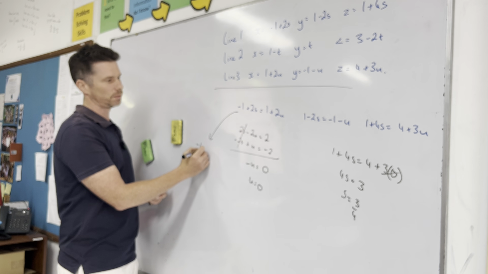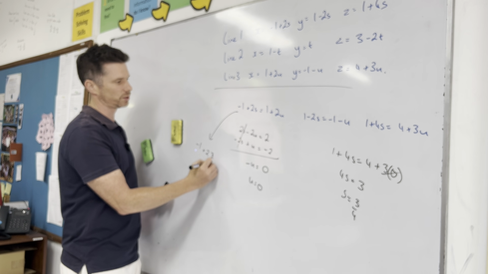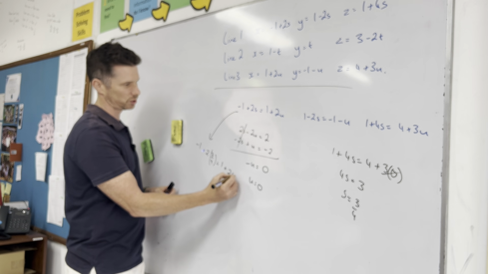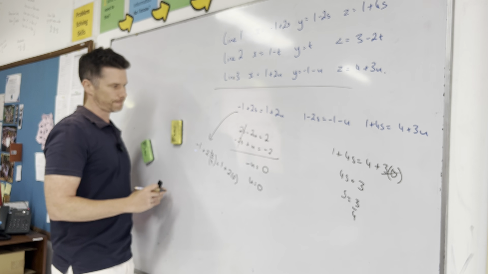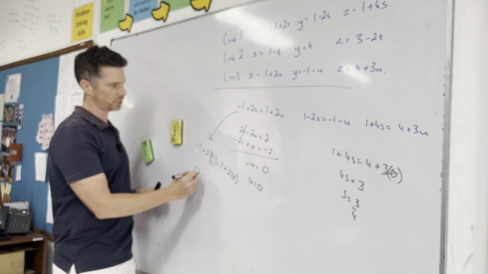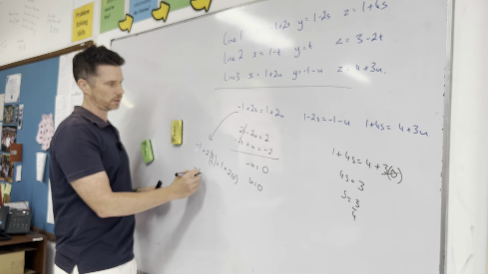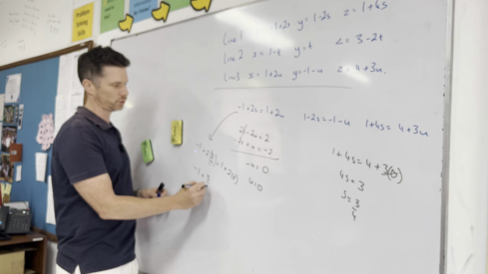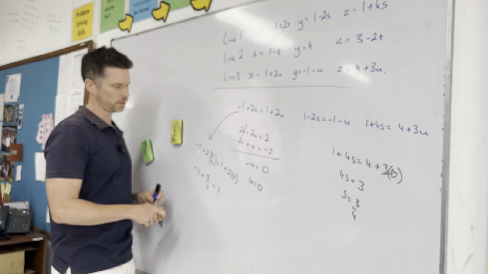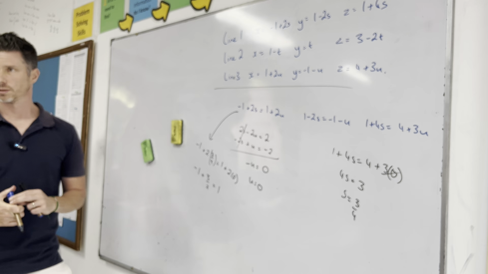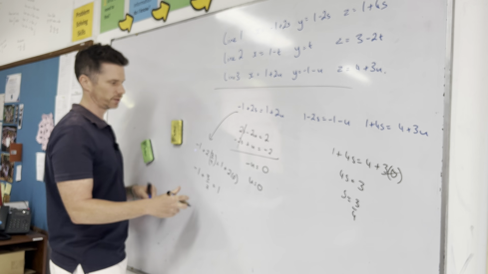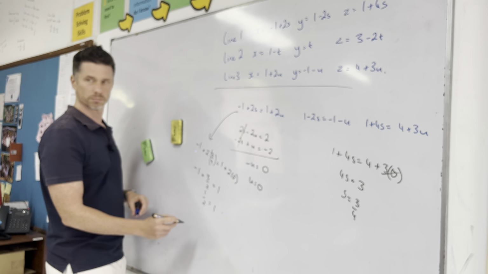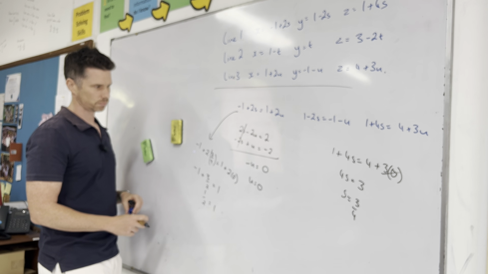Minus 1 plus 2 times 3/4 is equal to 1 plus 2 times 0. We're in trouble here. Minus 1 plus 3 over 2 is equal to 1? So we're just getting contradictions here.